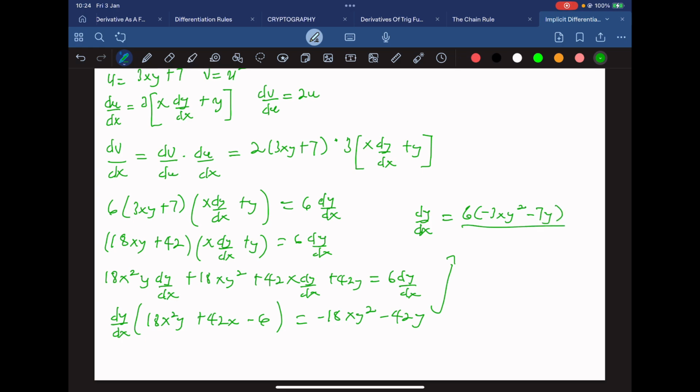Over here, we can also factorize 6 out. So if we do that, we have 3x squared y plus 7x minus 1. So 6 cancels out 6. So our final answer is negative 3xy squared minus 7y, all over 3x squared y plus 7x minus 1.